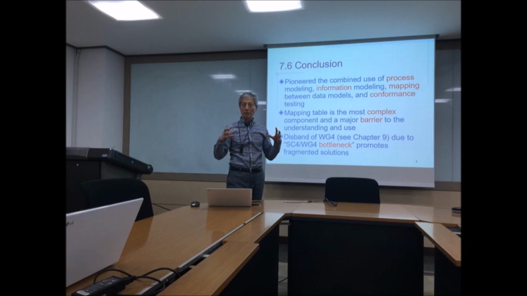Process modeling means activity model, process of that industry. And information modeling is for requirement ARM, requirement modeling, object modeling, or class modeling. And mapping table is mapping between ARM and AIM.